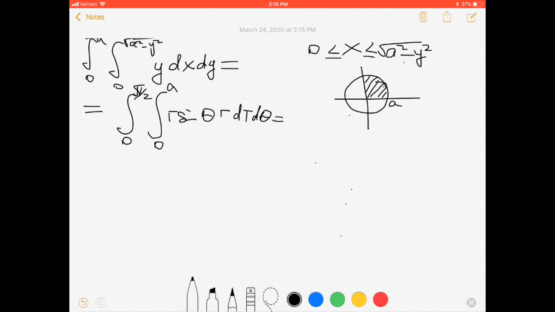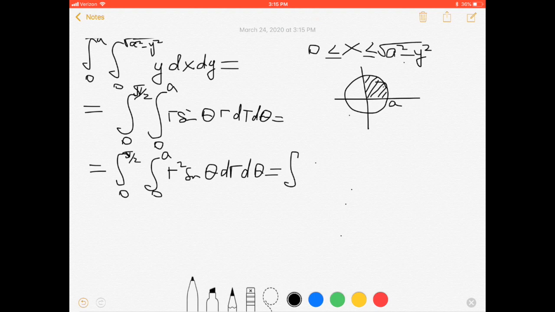Counting this integral is no problem. It will be the integral from 0 to pi over 2, from 0 to a, of r squared sine theta dr d theta, giving r cubed over 3 sine theta.